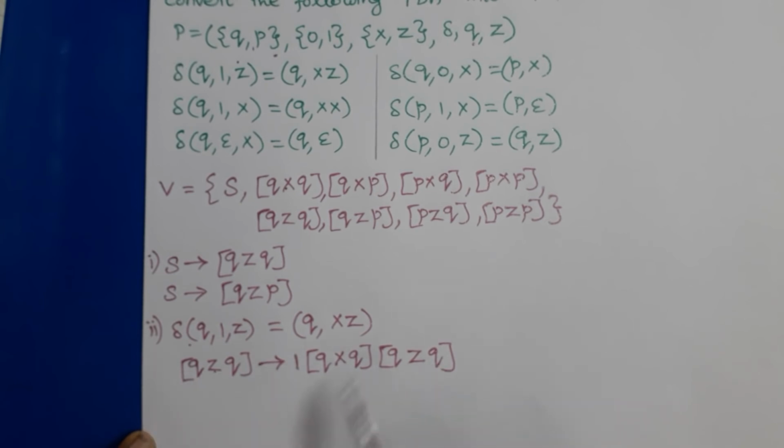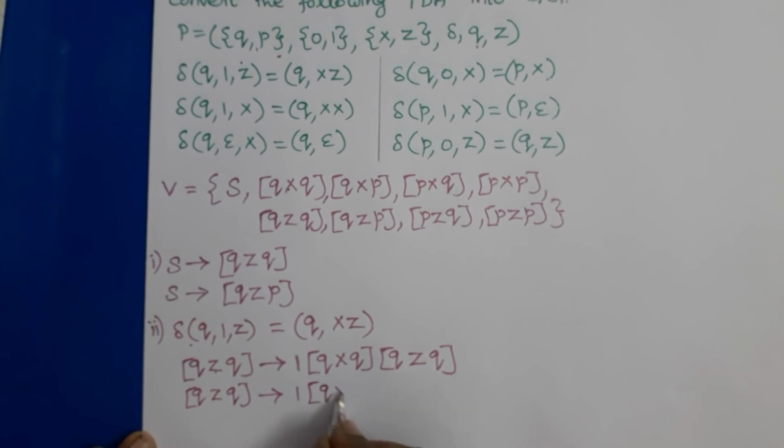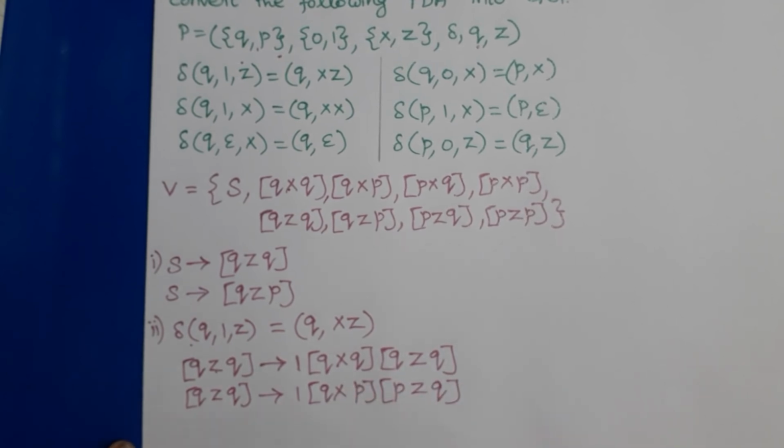Then the same rule I have to write by writing P in the middle. So Q, Z, Q implies 1 into Q, X, P, P, Z, Q. So in the middle portion I have to write P. So now I have written the two productions by considering Q here.